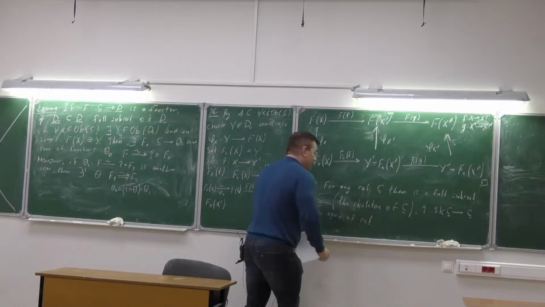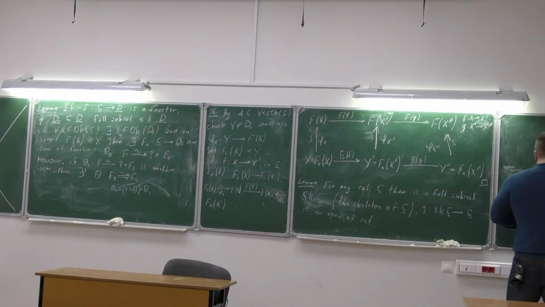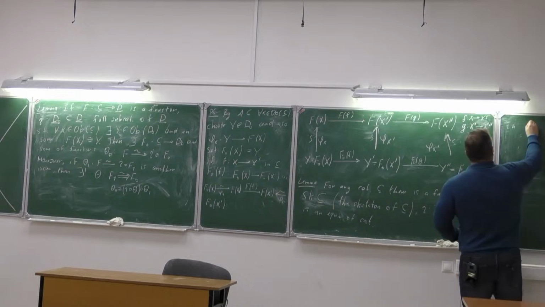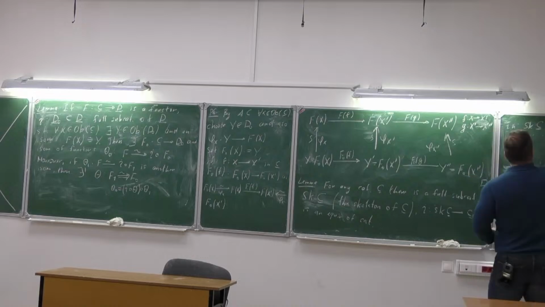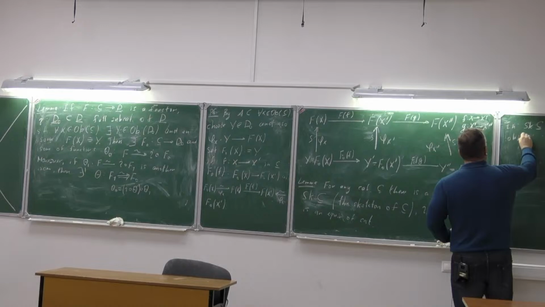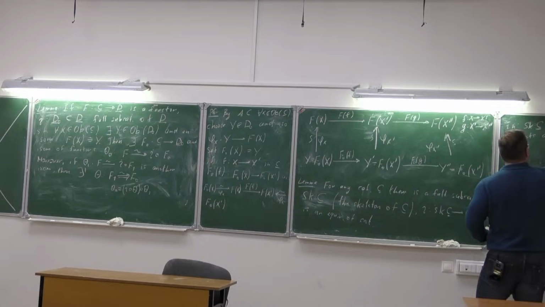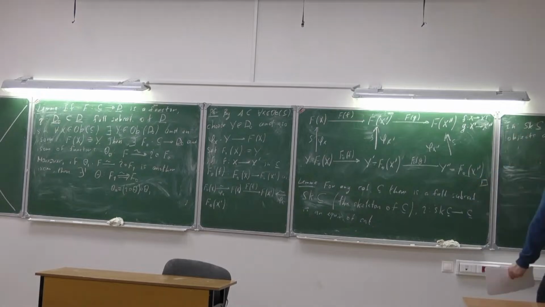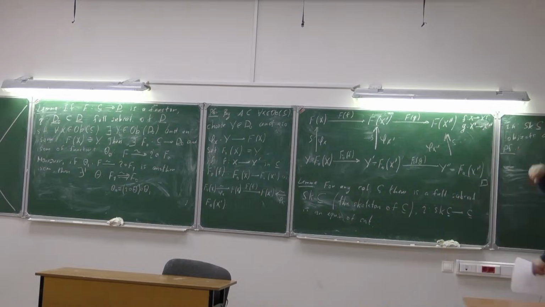And the skeleton has an additional property that in the skeleton two isomorphic objects are equal.